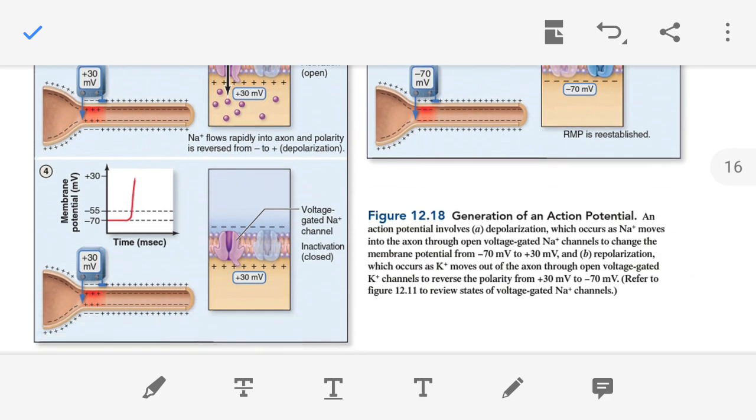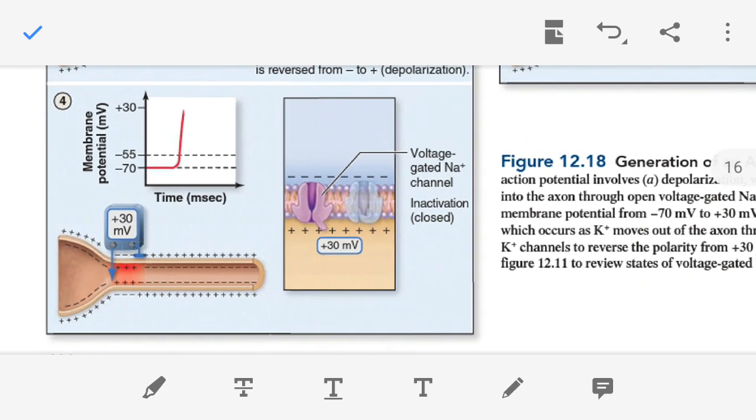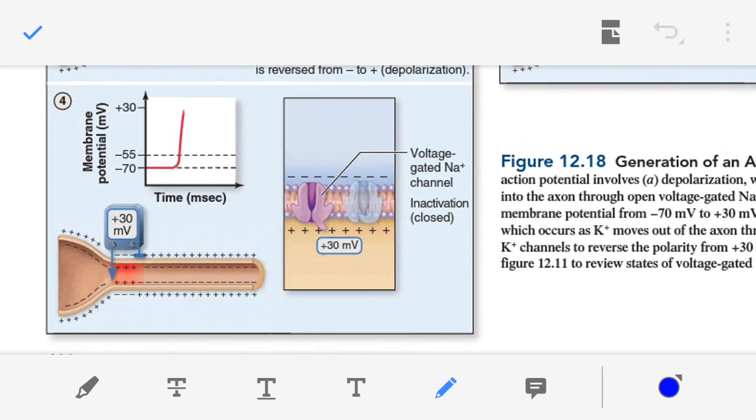So now we can say the neuron is depolarized. Once the depolarization state is achieved, the Na plus channels are closed. So further entry of Na plus inside the cytoplasm is prevented, and the membrane potential has a value of plus 30 mV.